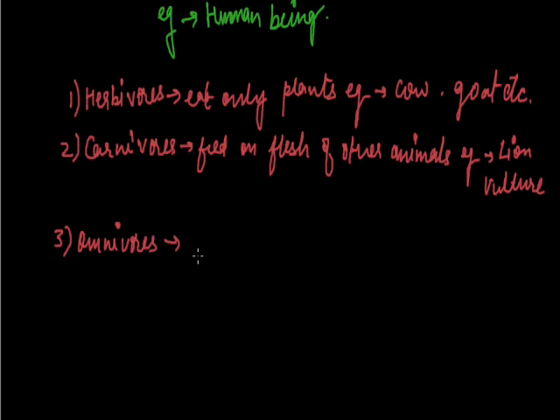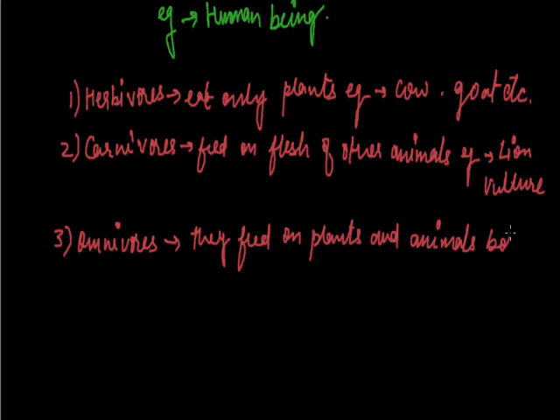They feed on both plants and animals. Examples of omnivores are human being, cat, and dog.